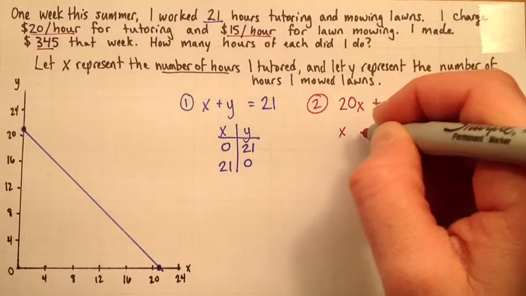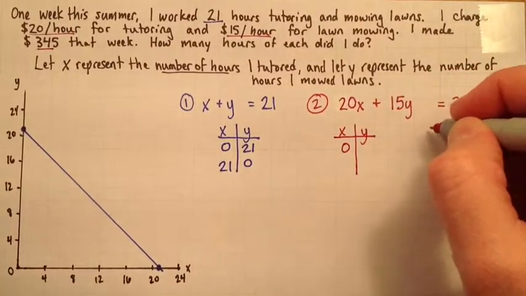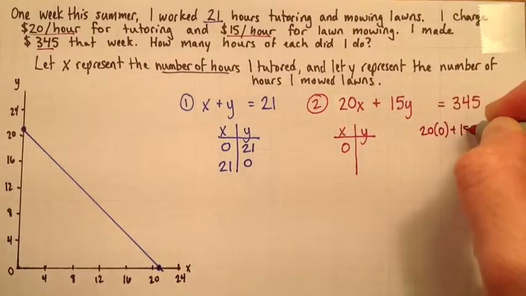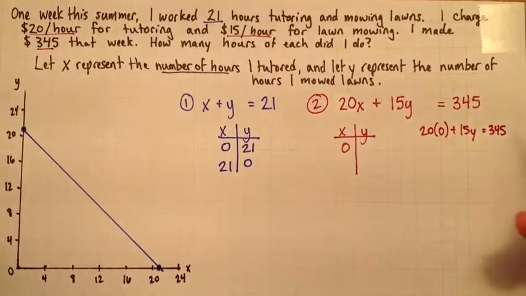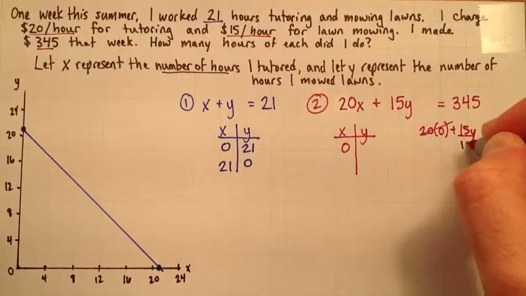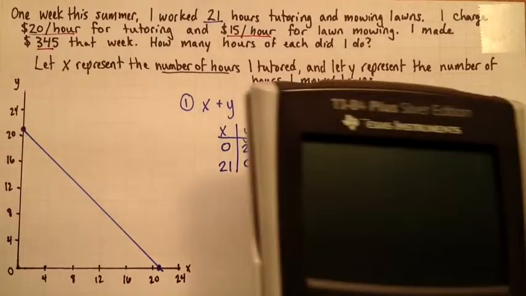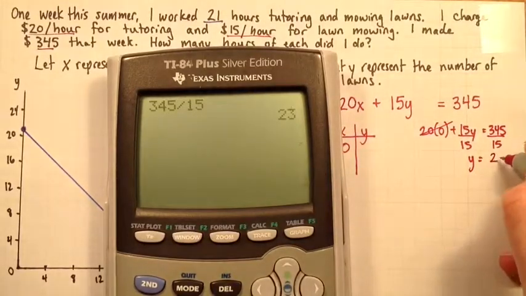So if I have a little xy table, if x is 0, then we have 20 times 0 plus 15y equals 345. And so 20 times 0 is 0, so 15y equals 345. If I punch that in my calculator, 345 divided by 15 is 23.